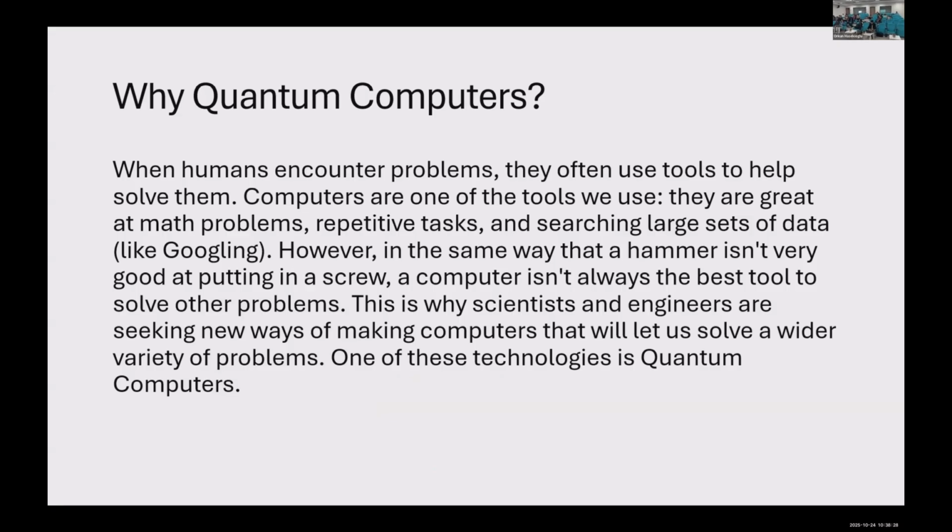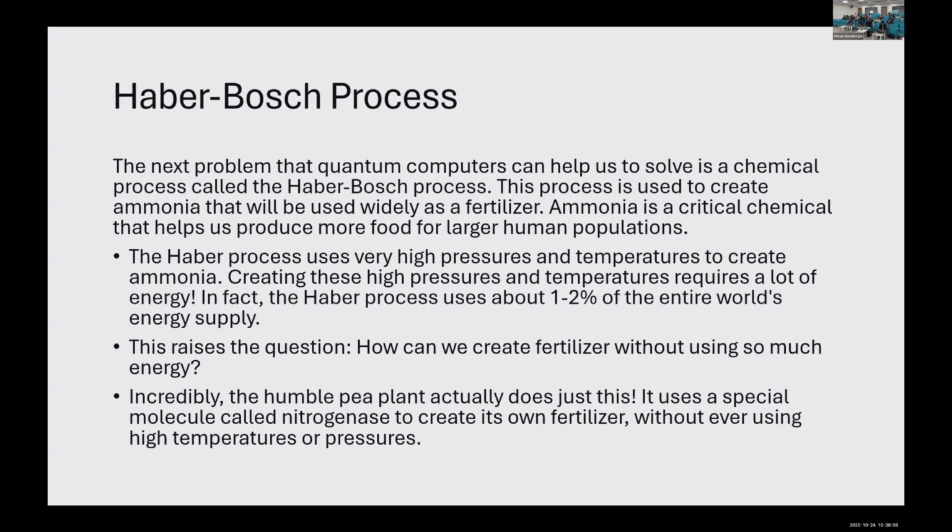However, in the same way that a hammer isn't very good at putting in a screw, a computer isn't always the best tool to solve other problems. This is why scientists and engineers are seeking new ways of making computers that will let us solve a wider variety of problems. One of these technologies is quantum computers.